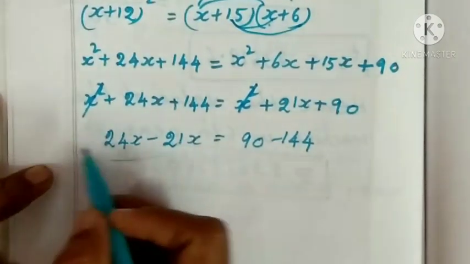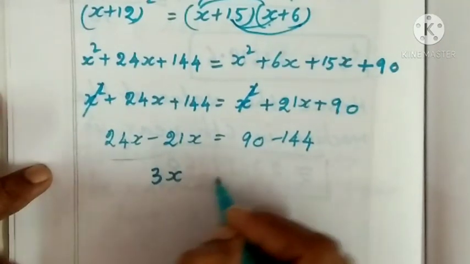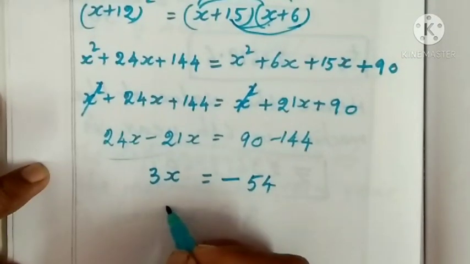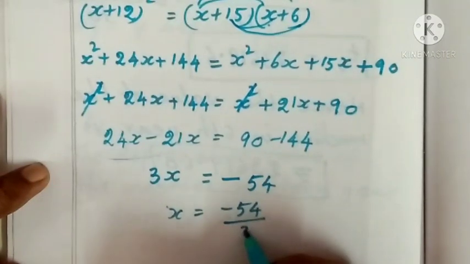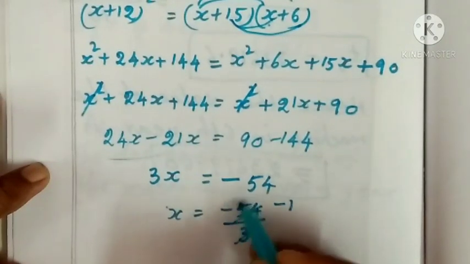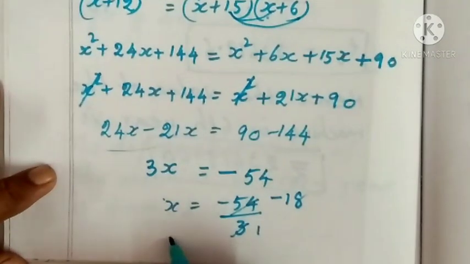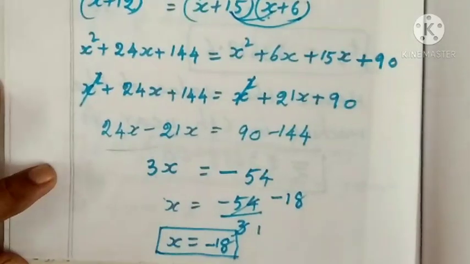Now subtracting, we have 3x is equal to minus 54, that is x is equal to minus 54 by 3. Cancelling by 3, the value of x is equal to minus 18. This is the answer for this question.